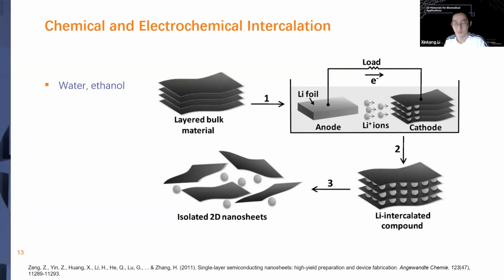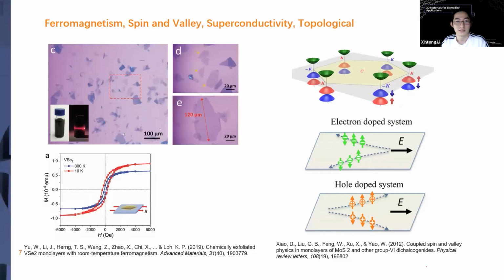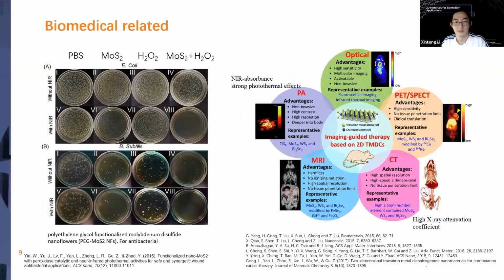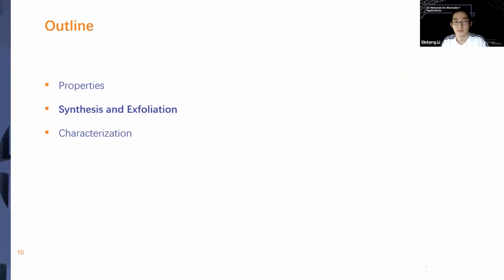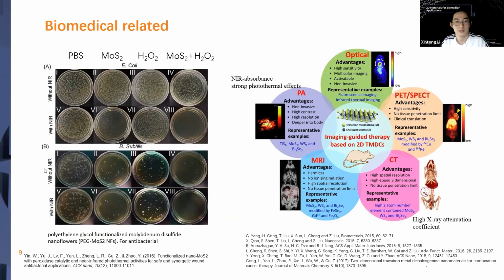Thank you. And just a small query: you are showing polyethylene glycol MoS2, a functionalized MoS2, at some point. Is it chemically exfoliated or CVD? How did you prepare this MoS2? Is it mechanical or CVD? Yeah, the PEGylated MoS2.